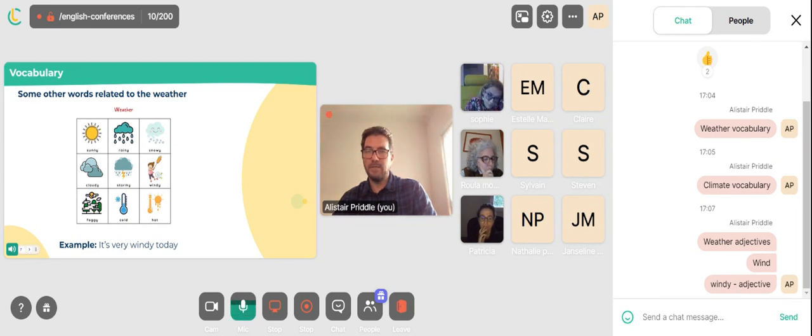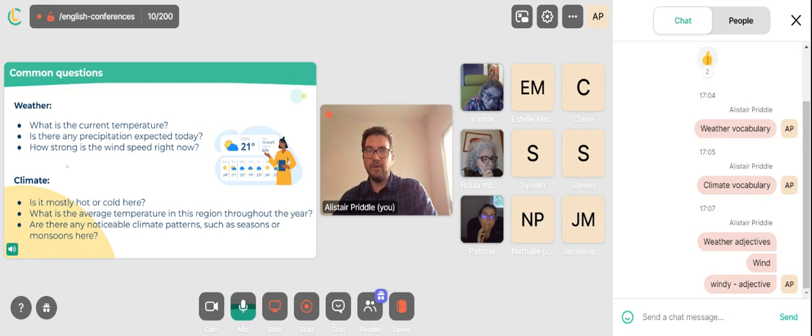Okay, well, let us continue and have a look at some common questions. So we have 3 common weather questions and 3 climate questions as well. I'm going to read through all the questions to start with. So regarding weather, what is the current temperature? Is there any precipitation expected today?